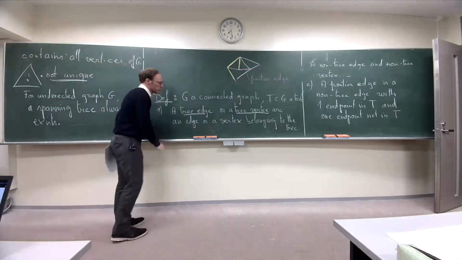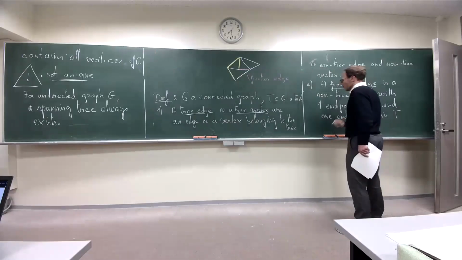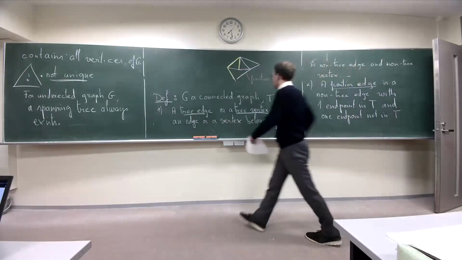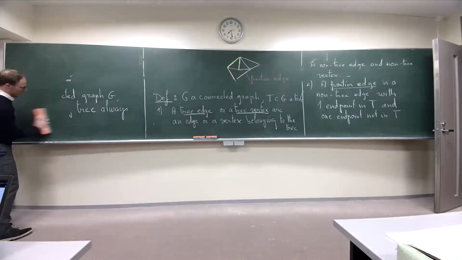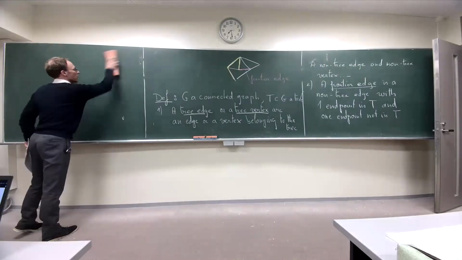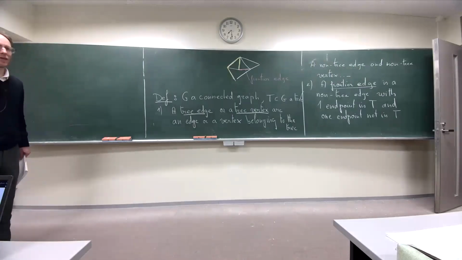Now, this is without orientation. If the graph is oriented, remember my aim is to grow a tree or to grow an arborescence.